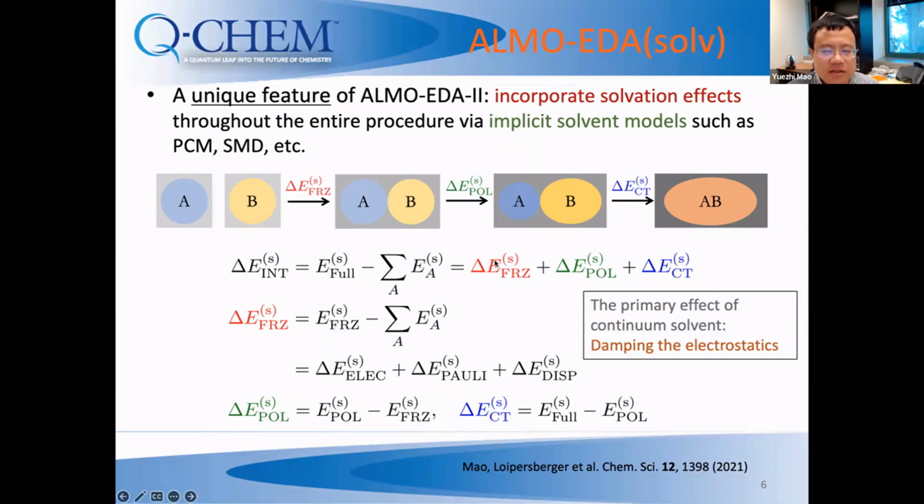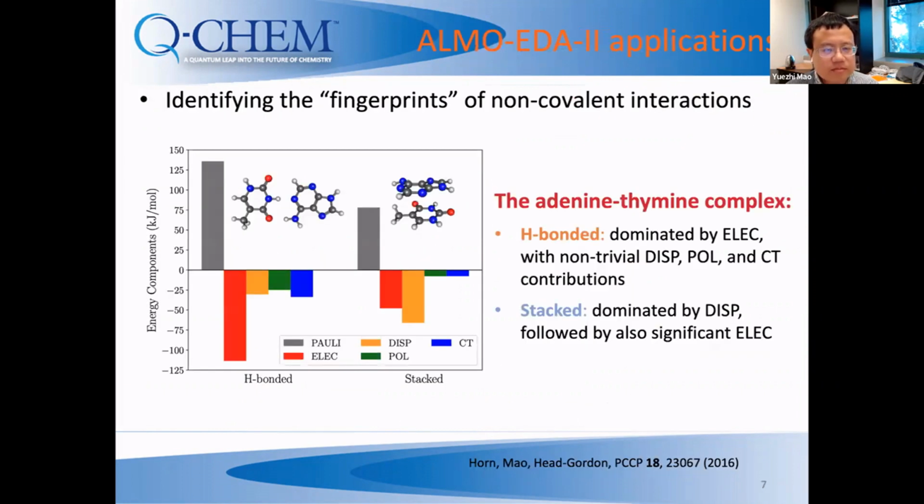So each of these energy components is calculated with the solvation effect taken into account. When using this scheme, you can find that the primary effect of the continuum solvent model is usually that it damps the electrostatic interaction.